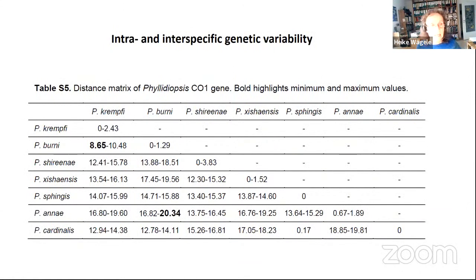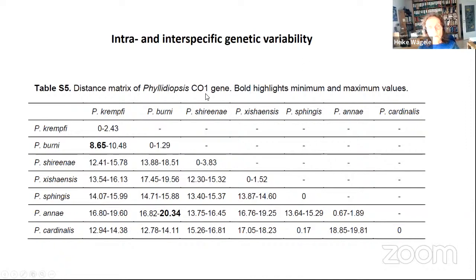It's produced in MEGA. This is already made nicely for a publication on a group of the genus Phyllidiopsis with CO1. You usually do this with the CO1 gene. You can do it also with 16S, but you should do it at least separately for the genes, not the concatenated one.